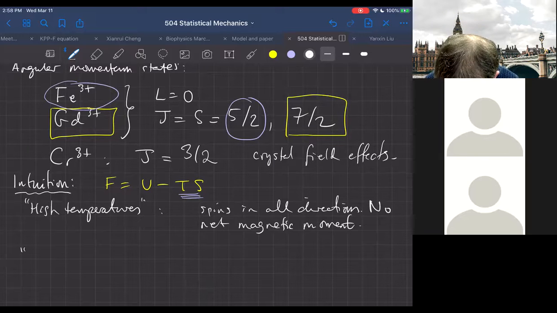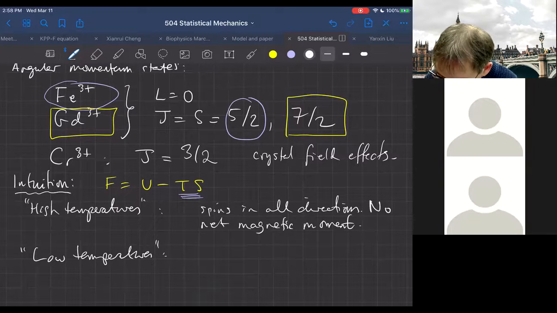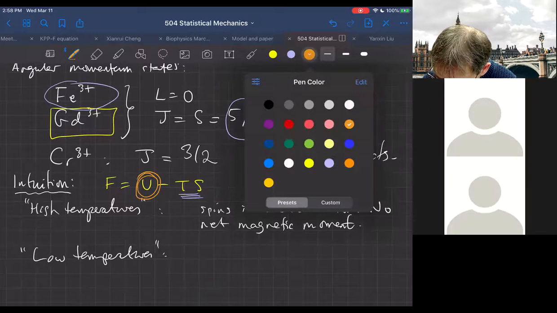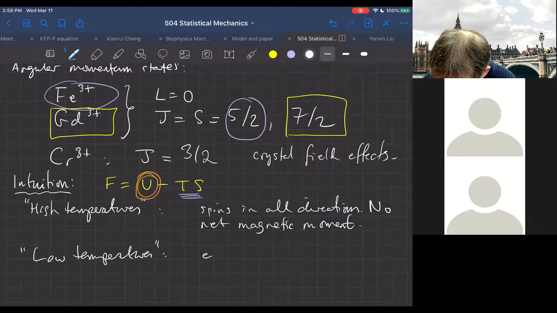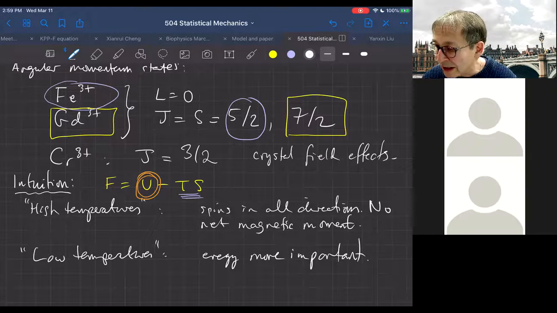Now what happens at low temperatures? At low temperatures, it's going to be different, because the T term is going towards 0, and so what's going to be important is the energy. And actually, what is the energetic term?